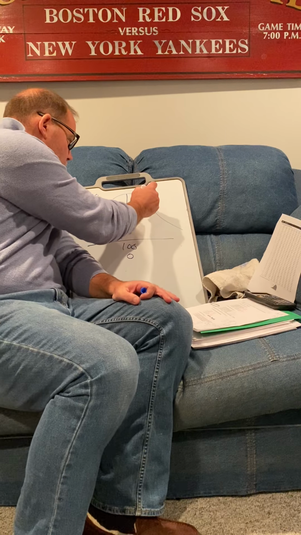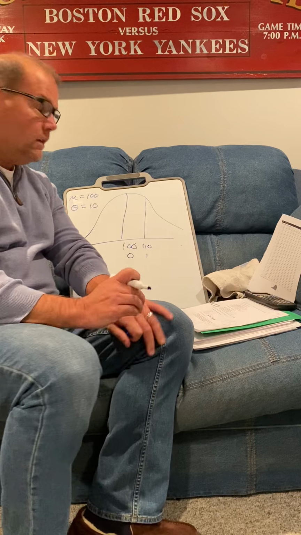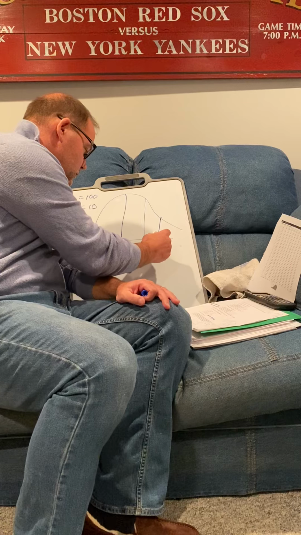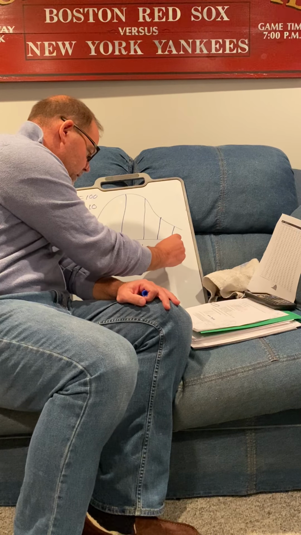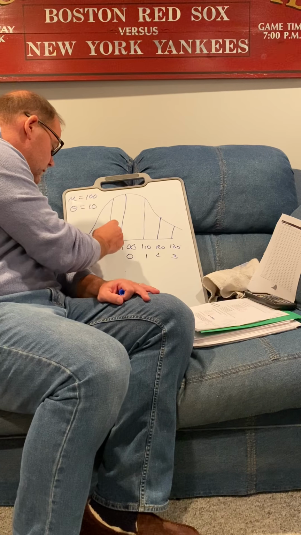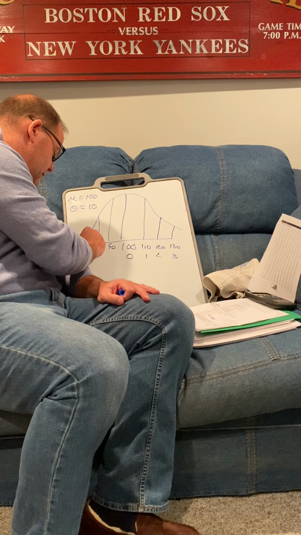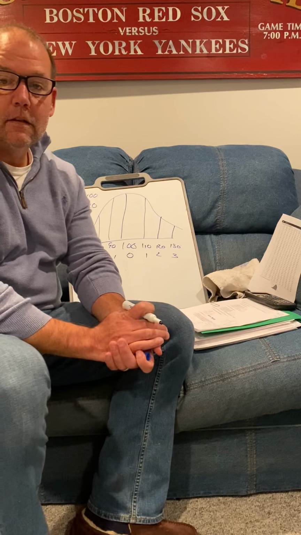One standard deviation above the mean, one z-score, would be 110. Two z-scores would be 120. Three z-scores would be 130. In the opposite direction, 90, 80, and 70 if we subtract 10 from our mean.